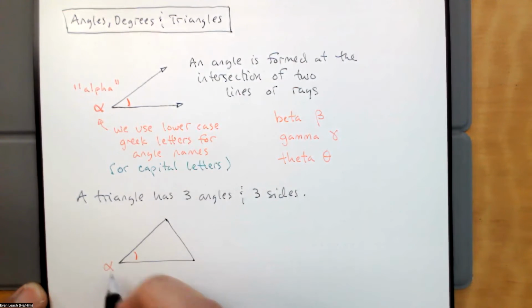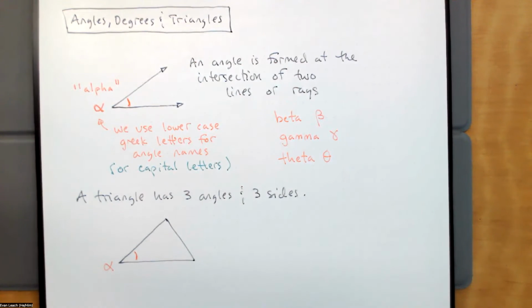I'm going to say this is angle alpha. Now, if we stand in alpha, alpha is made up of two sides. And then when we're standing in alpha with our hands on each one of the sides that make up alpha, we are looking at another side. We're going to call that the side opposite alpha.